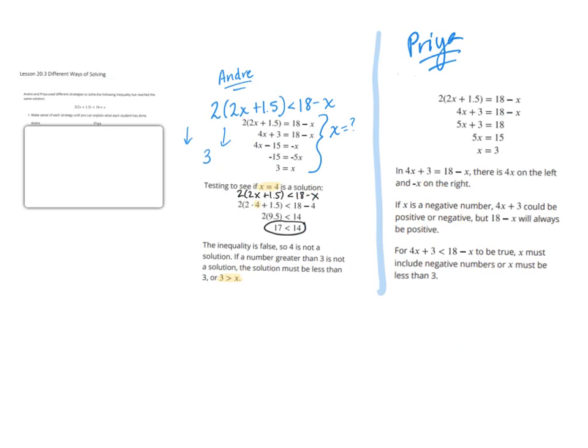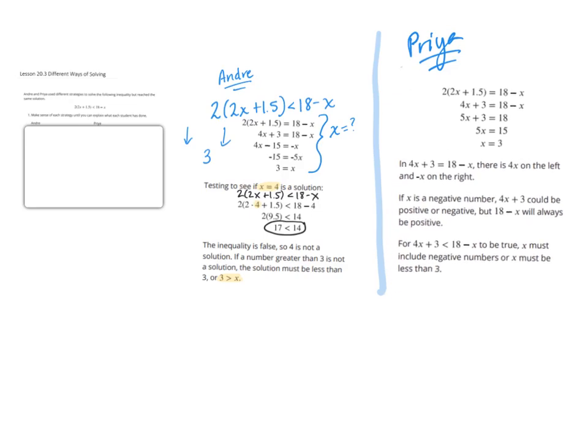Priya took a different approach. She started the same way by solving for x. But then she figured out, based on the second part, that she's going to need something that is negative or less than 3 to be able to make the inequality true. So she looked at the second step of her inequality and tried to make sense of it.